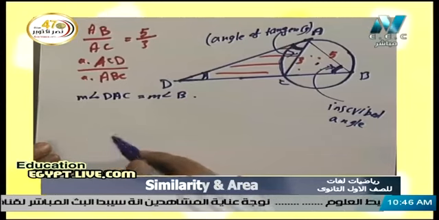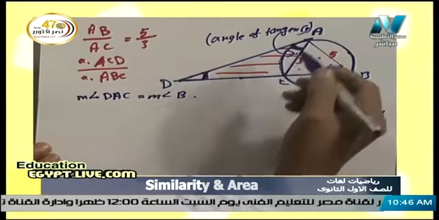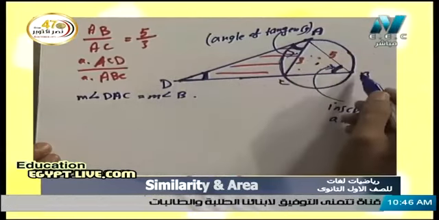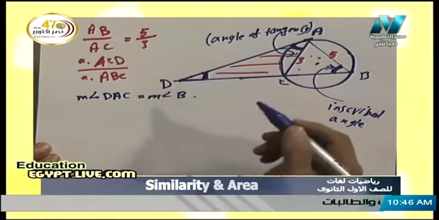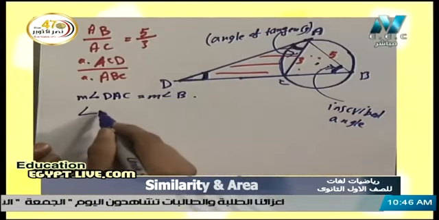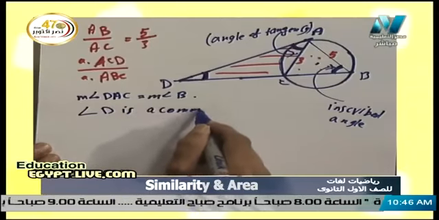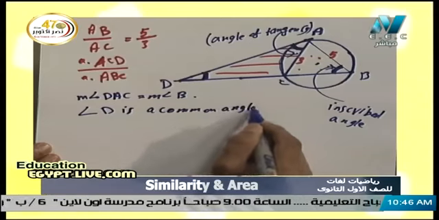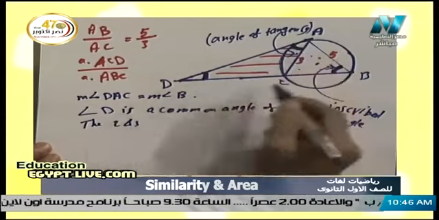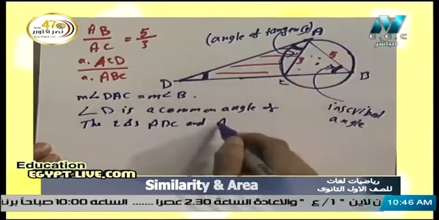So when we said that this angle equals this angle, and we have a common angle between the two triangles ADC and ADB, we said D twice in the two triangles, so the angle D is a common angle of the two triangles ADC and ADB.